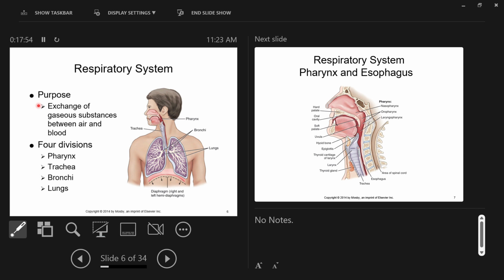We call these blood gases. Specifically, the ones we care about are oxygen and carbon dioxide. We want the oxygen. We want to remove the carbon dioxide, okay? So in your body, there are blood vessels leading to your lungs. Those blood vessels leading to your lungs to drop off waste have high levels of carbon dioxide and low levels of oxygen.